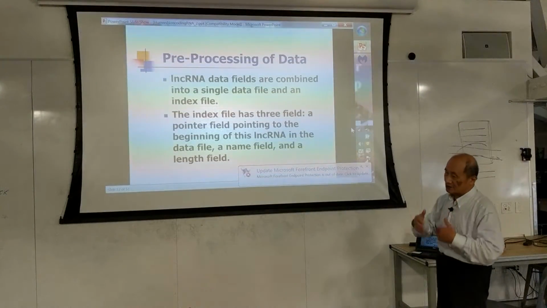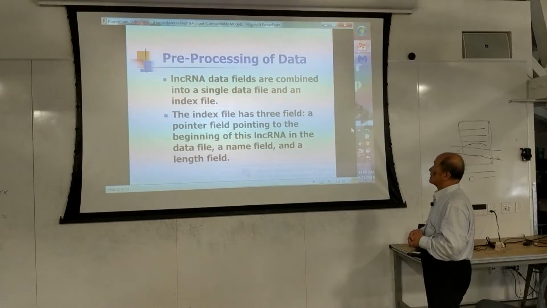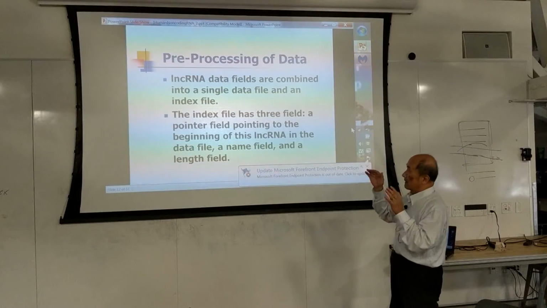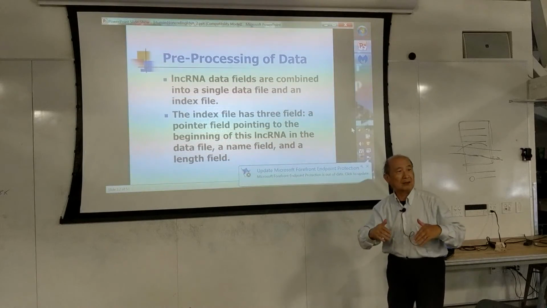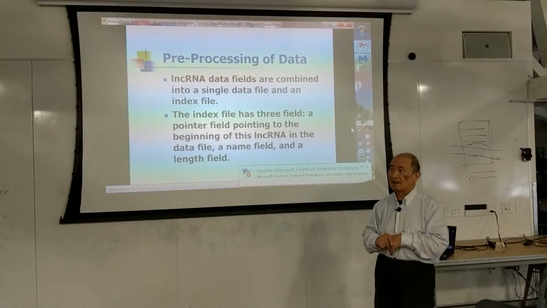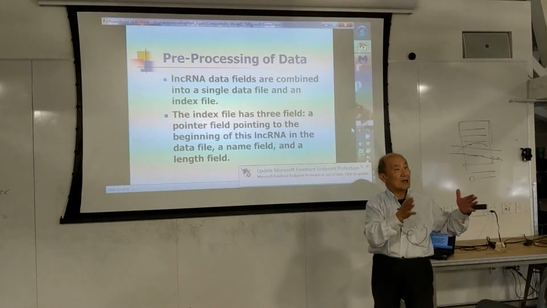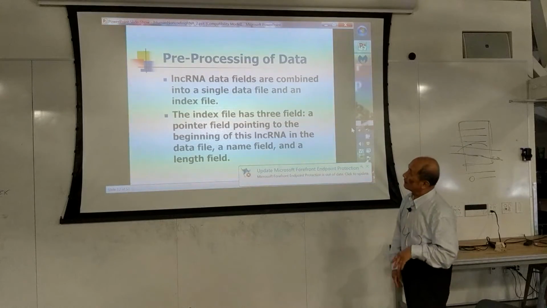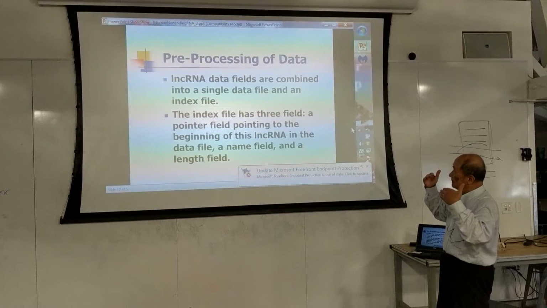Now I have unique records: I throw away all the duplicates, and also the ones embedded in other RNAs. Once I have the database cleaned up a little bit, I will start the search.